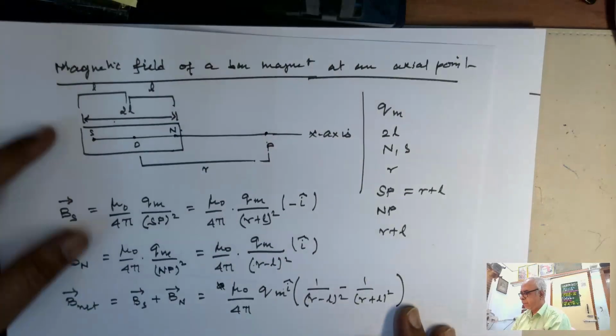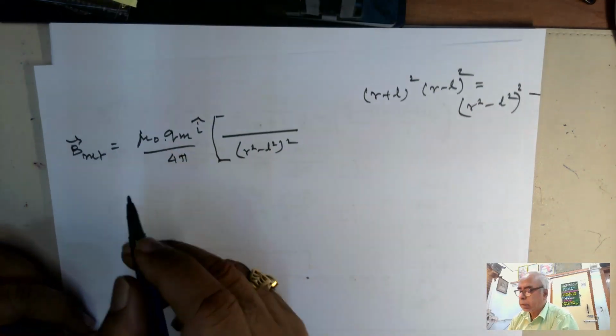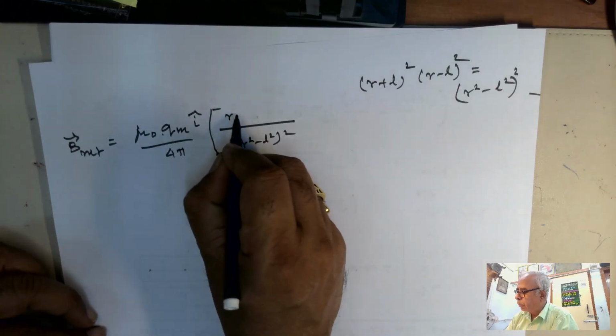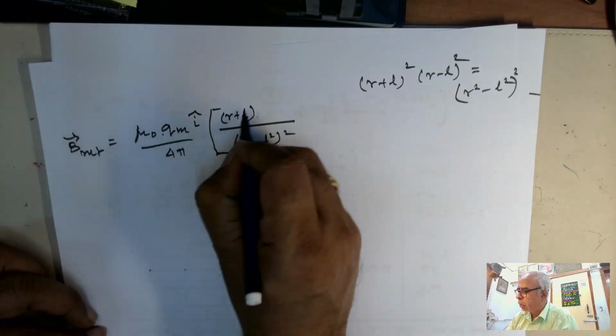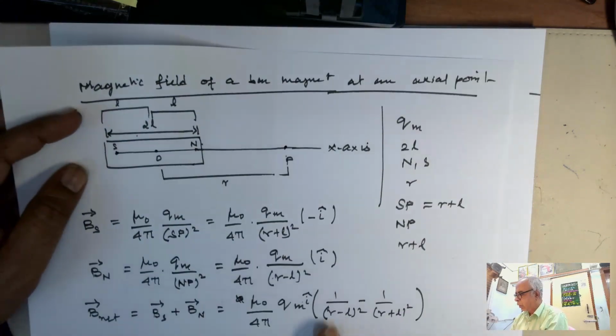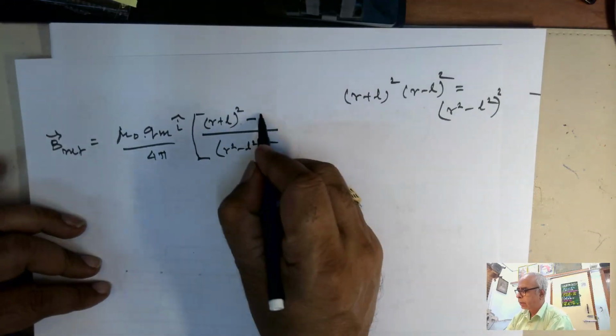And you can exchange it. So the numerator becomes R plus L whole squared minus R minus L whole squared, after expanding.